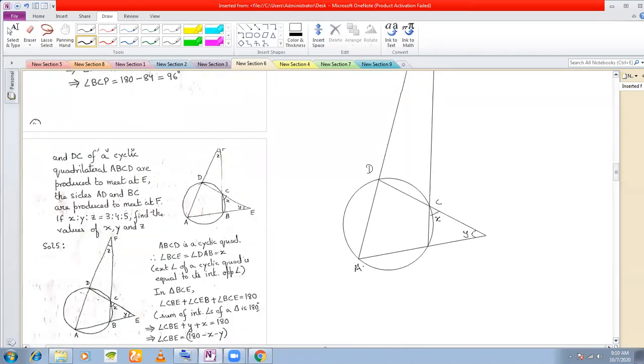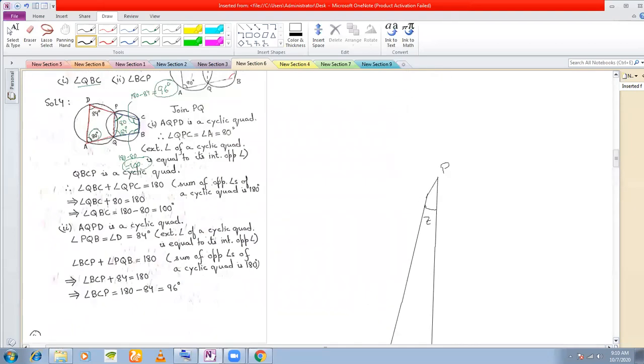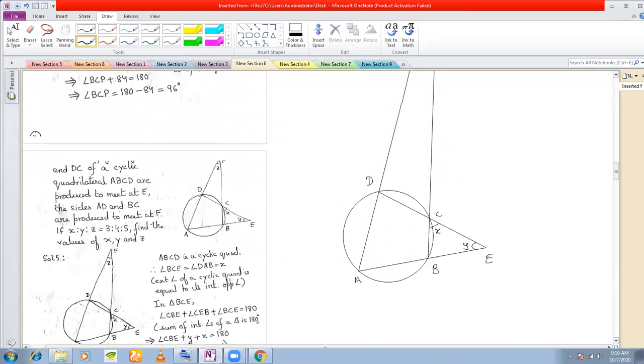So A, B, E, and you have here the angle given as Z. And these two angles are X and Y.